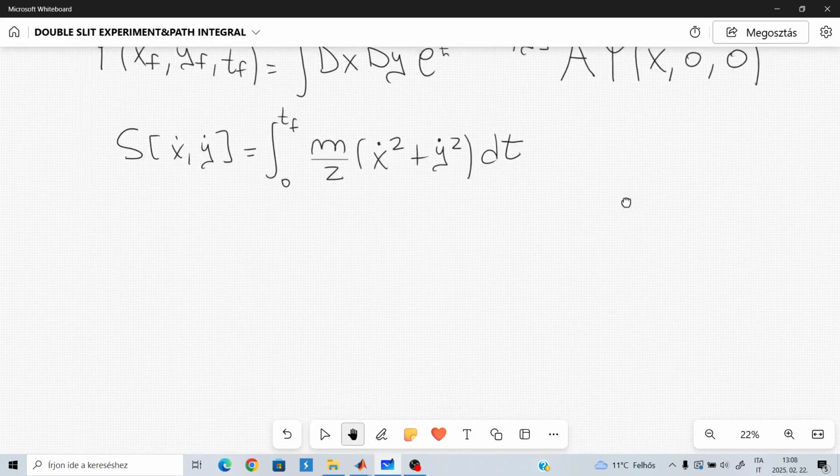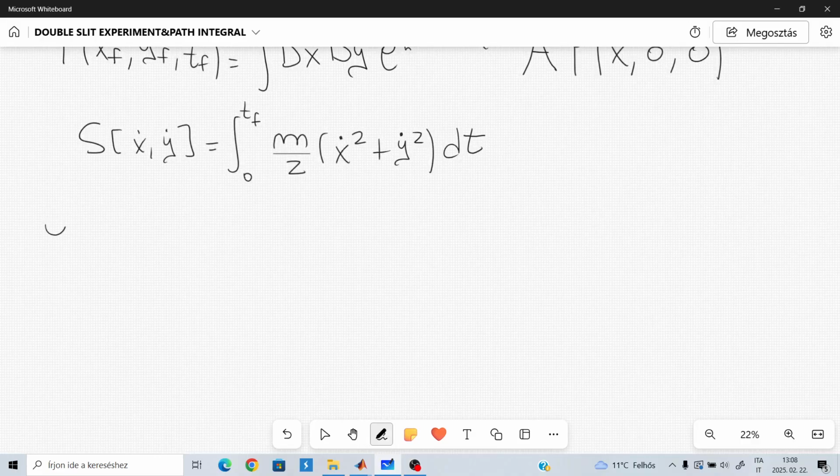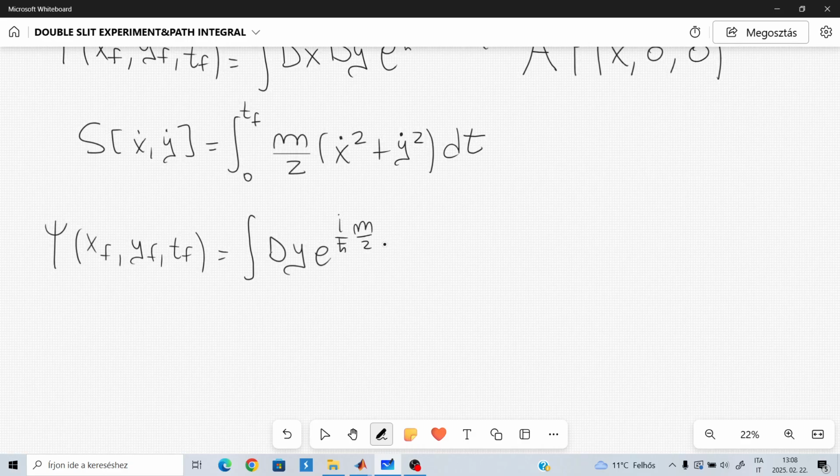So if we want to rewrite the amplitude, the final amplitude, by means of the path integral, we have something of the following kind. You can see that we have a path integral over y, which is something like this, e to the i over h bar, m over 2, integral from 0 to tf y dot squared dt.